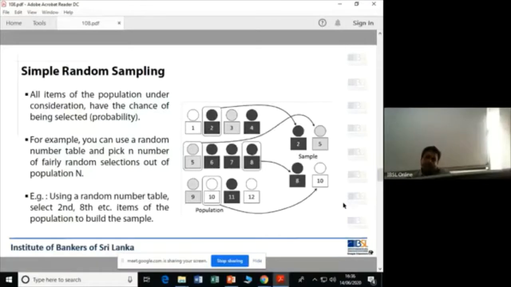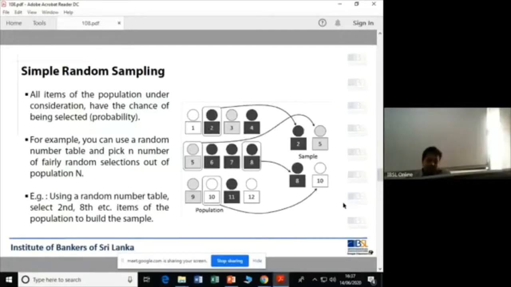You have a population. You give an equal opportunity to each and every item to be selected into the sample, based on a random number that could be assigned for your study. Now, if you elaborate this example a little further, let's say you want to select 6 out of these 12, what would you do? Use a similar technique.